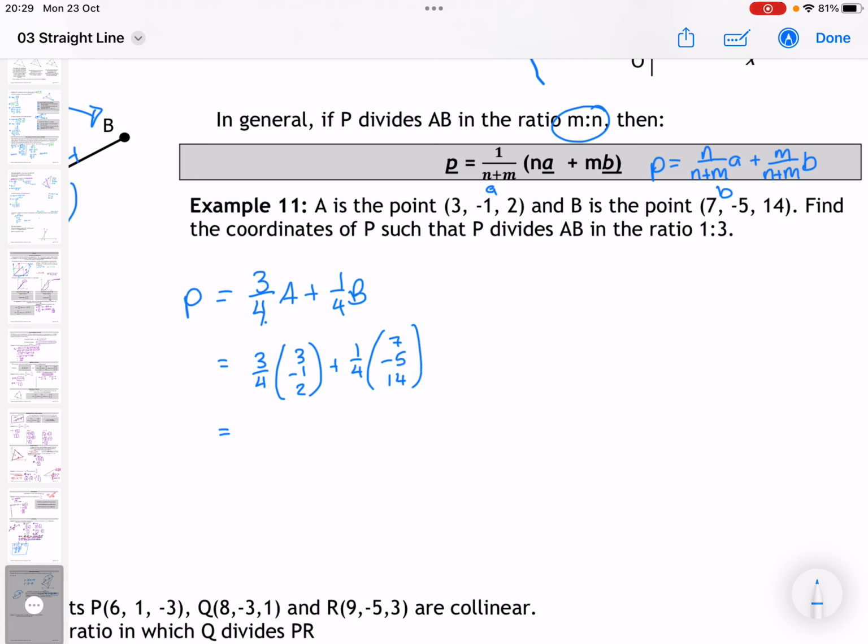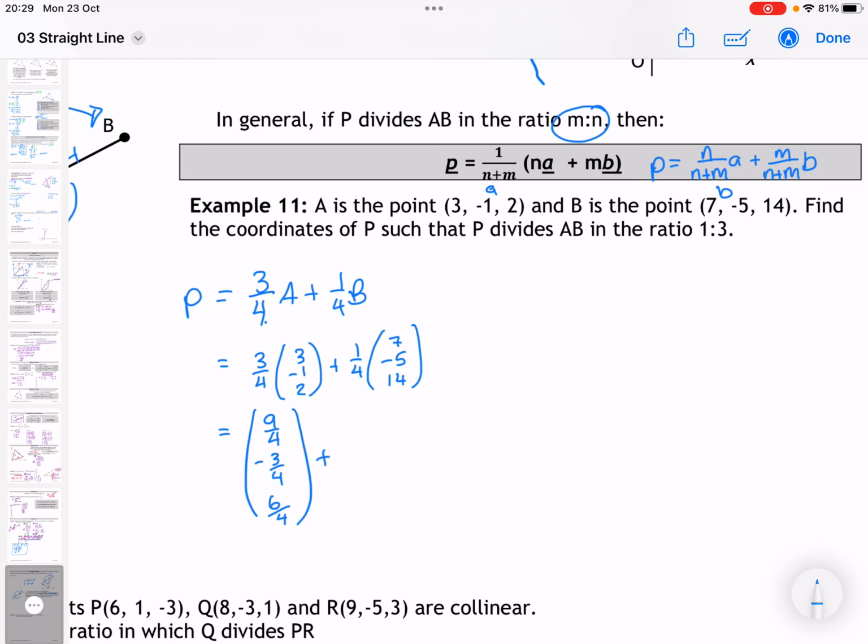Because remember, it's a ratio of 1 to 3. We swap the numbers round. 3/4 of 3, I just leave it as fractions. 3/4 of 3 is 9/4 minus 3/4, 6/4, because that's 3/4 of 2.